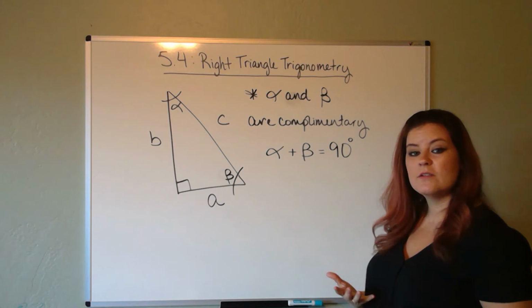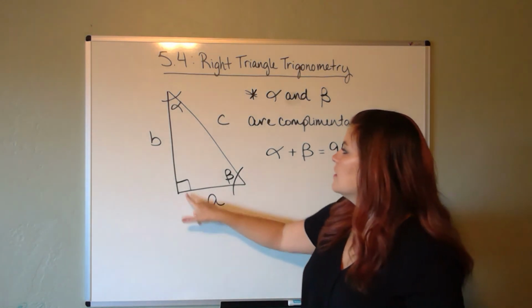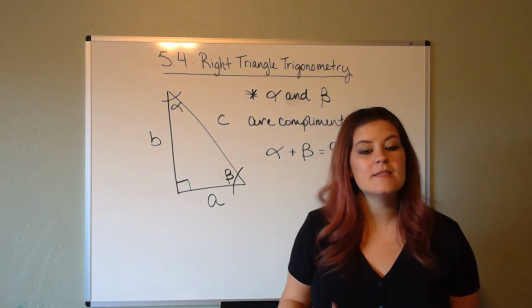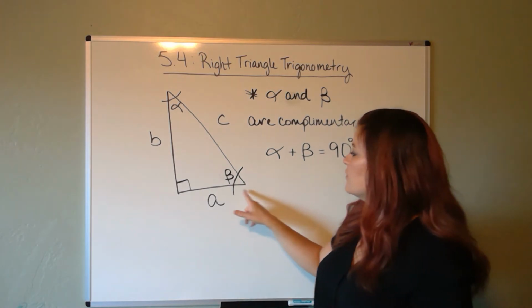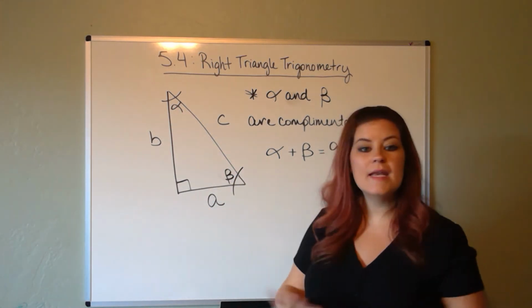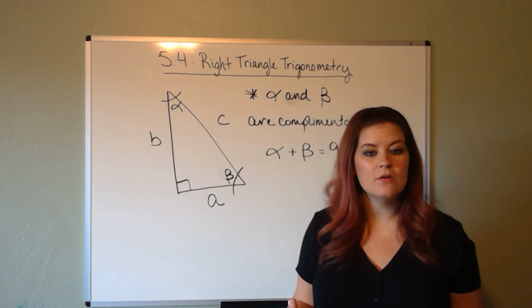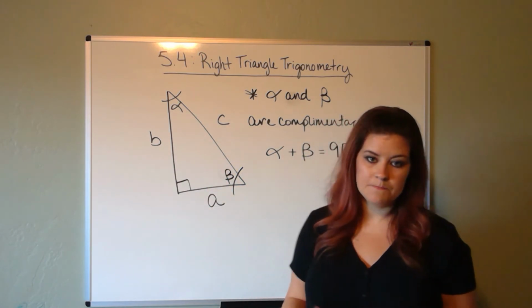Well, I just need to know a little bit about triangles. You know that the sum of all three angles in a triangle equals 180. Pull that from geometry and remember that if you add up all three angles in any triangle, right, not right, obtuse, it doesn't matter, the sum of all three angles is 180 degrees.